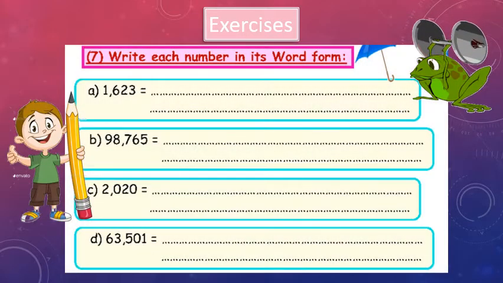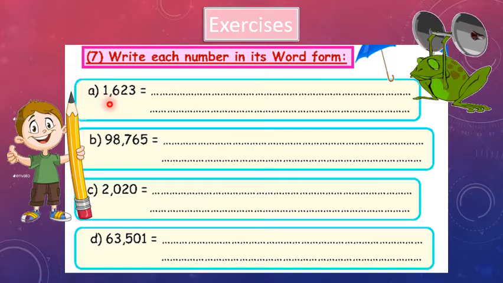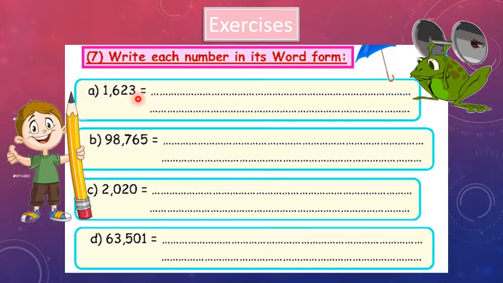Let's go. Write each number in its word form. Here we have standard form, and want to read this number to write it in its word form. Here we have ones, tens, hundreds, and our comma, which is called a thousand. Just read the number to the left of this comma. It will be 1,623.